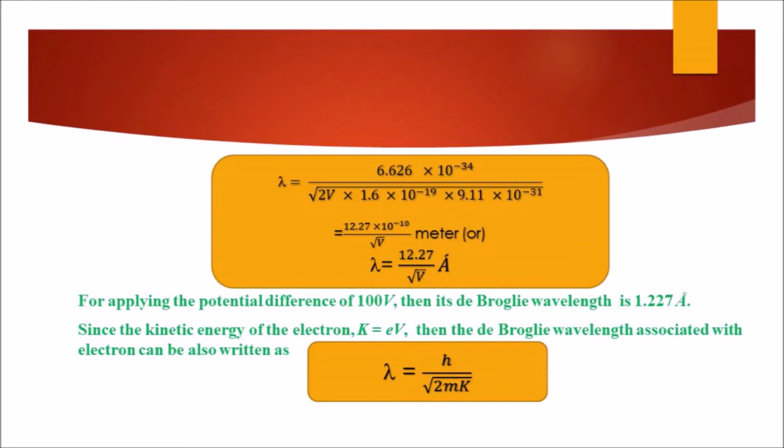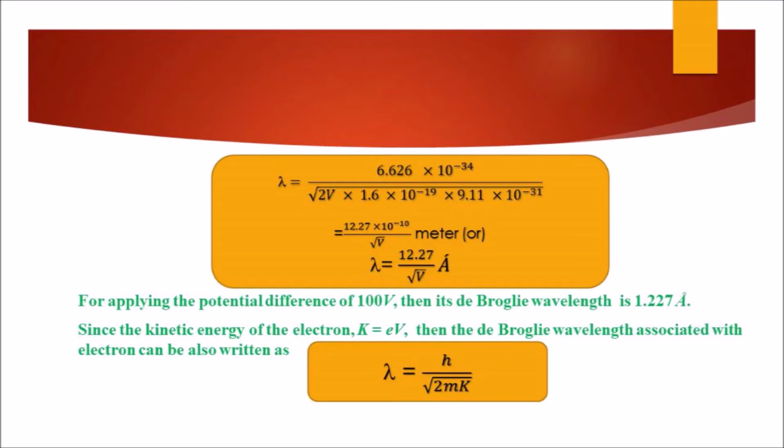By multiplying and dividing, we get lambda equal to 12.27 into 10 power minus 10 by root V meter. In terms of Angstrom, the equation becomes lambda equal to 12.27 by root V Angstrom.